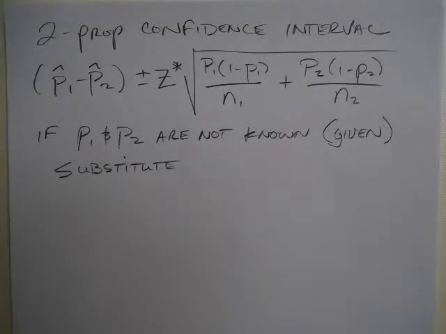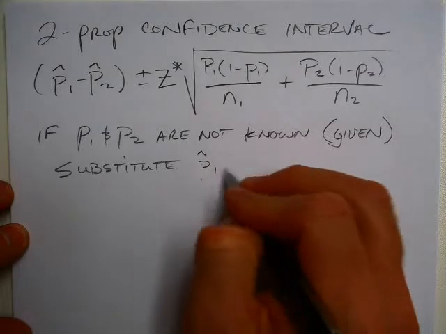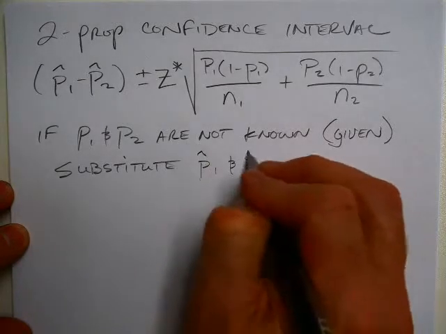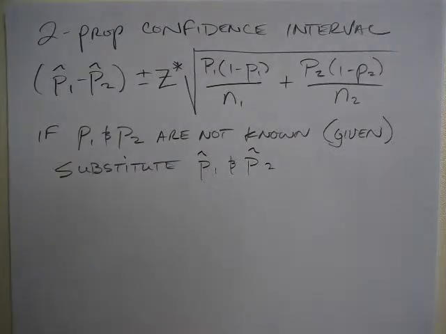P hat 1 and p hat 2. That's right. In fact, the calculator doesn't even ask for p1 and p2. It just asks for the x and the n for each proportion. So it's not concerned at all about what the population proportion is.